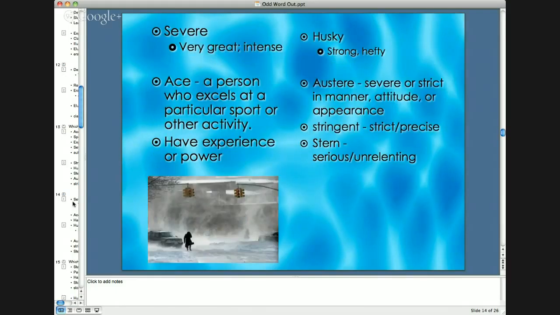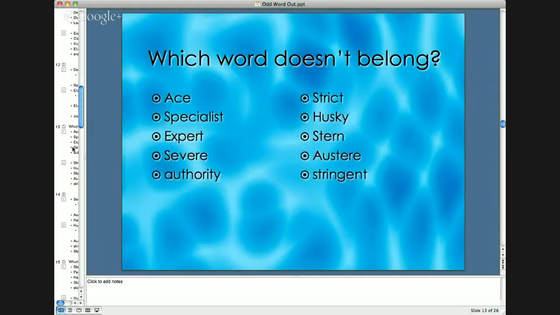Severe. This means very great or intense. So if we see the picture at the bottom, we have very severe winter storm weather. Right? Very intense. Can hardly see on the road because it's so intense. Okay. The rest have to do with having experience or power. For example, ace is a person who excels at a particular sport or other activity, right? And the rest, a specialist, right? Someone who specializes in something. An expert, who's someone who is very advanced in their knowledge of something. And authority, this is the person you talk to when to authorize you to do something.